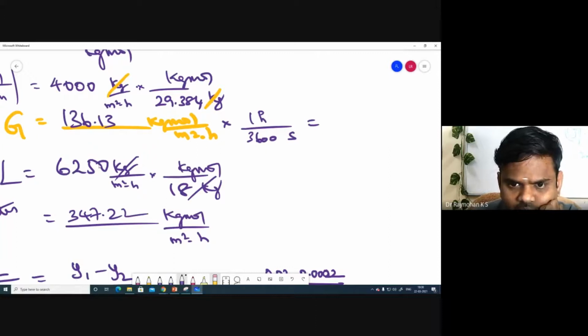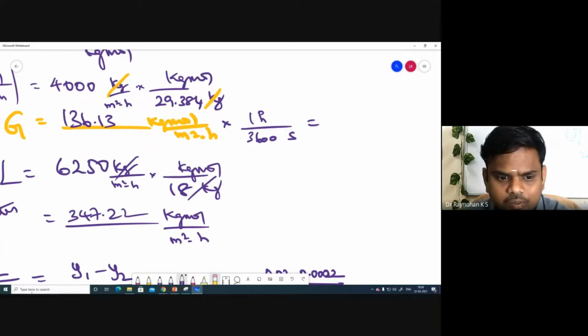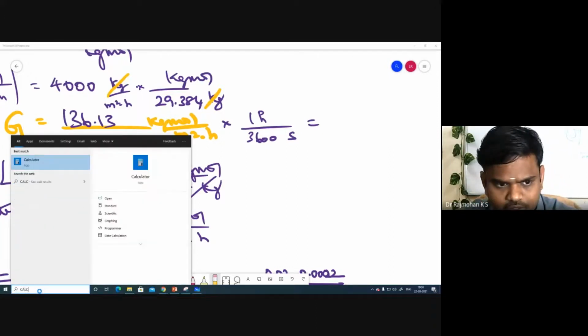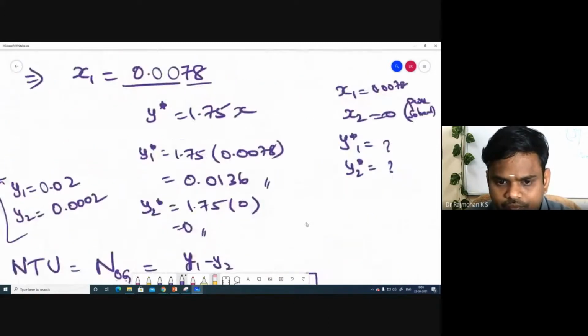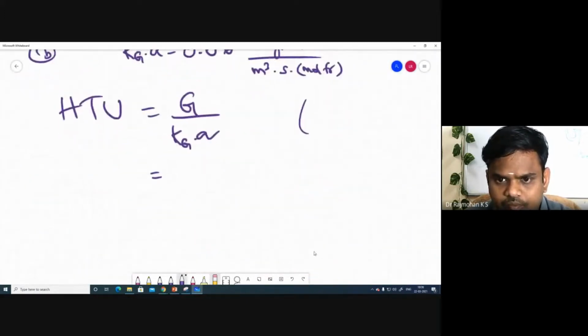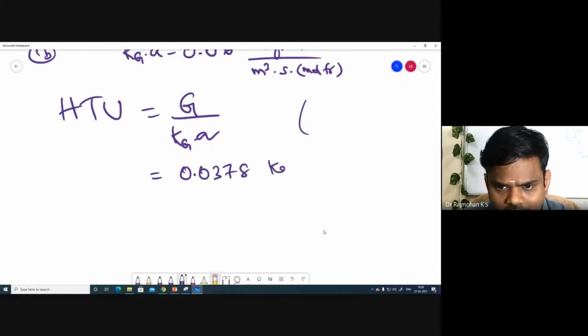So 136.13 divided by 3600 equals 0.0378 kg moles per meter square second.